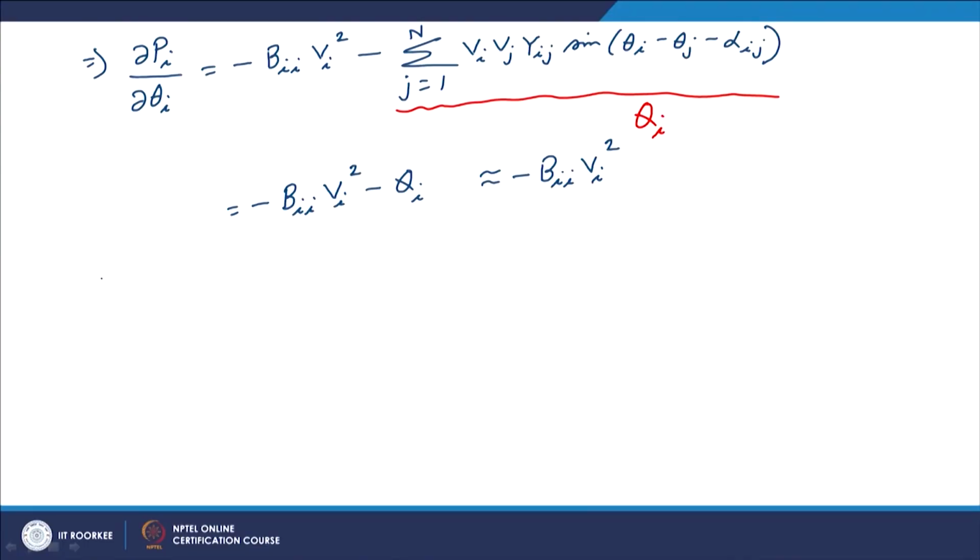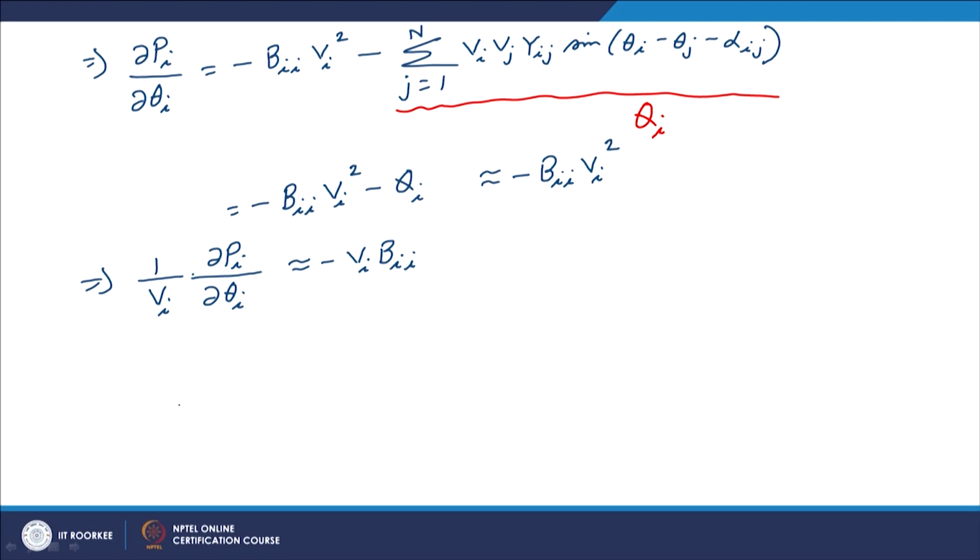So then it becomes minus B I I V I square. Therefore, we have 1 by V I into del P I by del theta I equal to minus V I B I I.